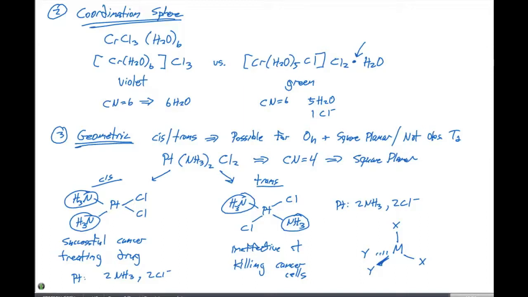Then I take this metal and put the X here and the X over here on the other side and make these guys Y's. If we compare these 2 structures, look at them in 3 dimensions and rotate them around, we find that they're the exact same complex.